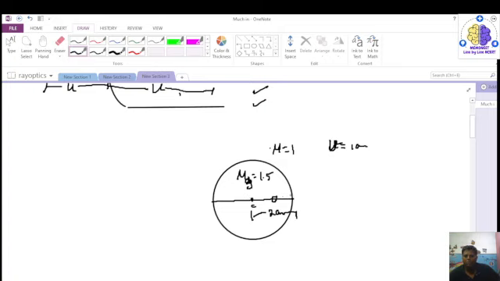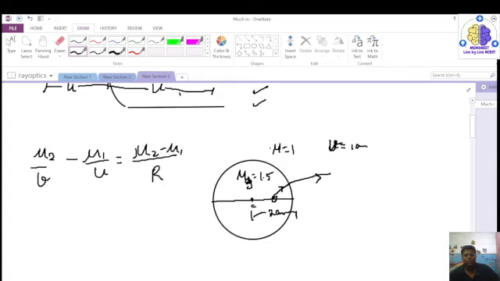Now if this is the object, the light ray will be traveling like this, right? And after refraction it will be traveling in this way. It means the light ray is moving from a denser medium to a rarer medium. What formula do we have? We have the formula mu2 upon v minus mu1 upon u is equal to mu2 minus mu1 upon R, right?